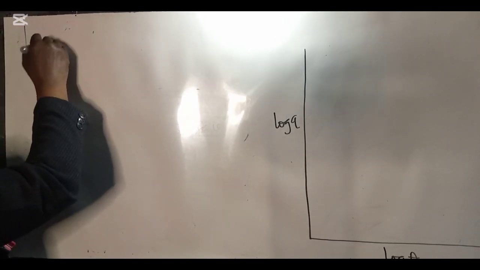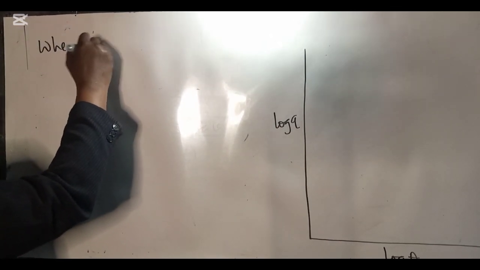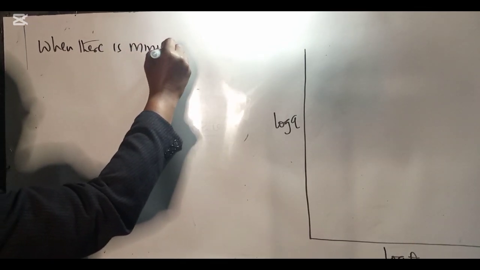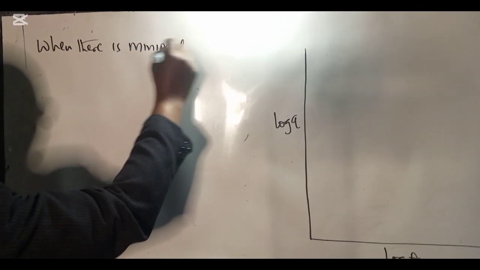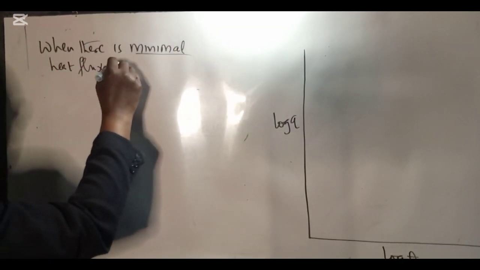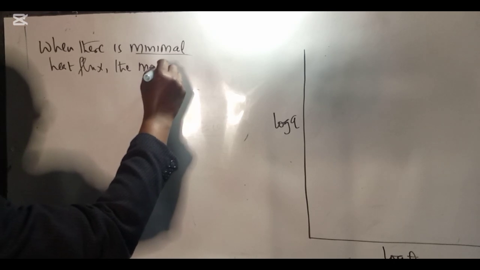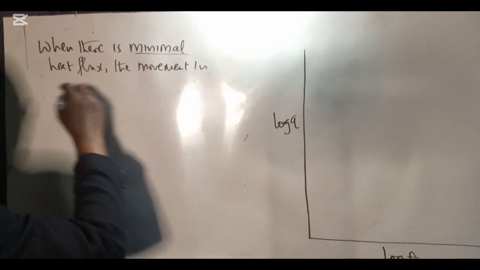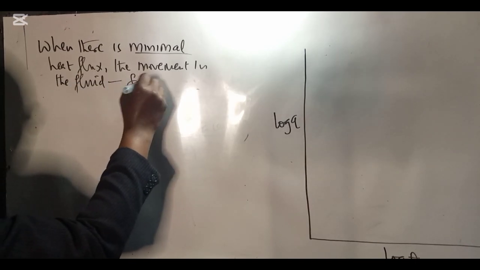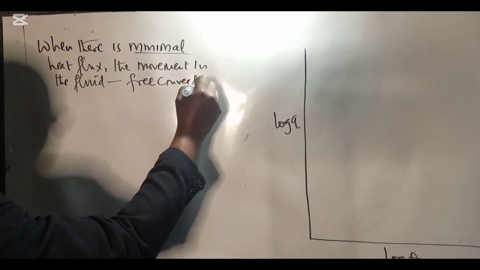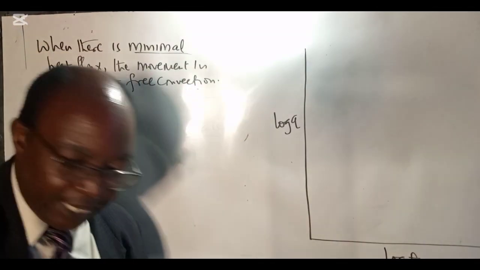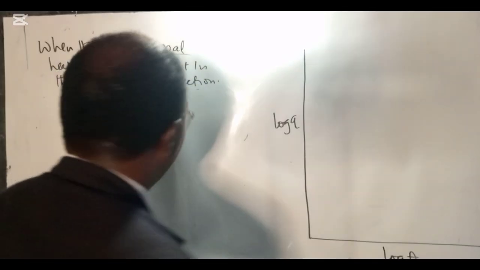So when there is minimal heat flux, the movement in the fluid will be mostly free convection. So in that section, basically the movements in the fluid will be free convection.